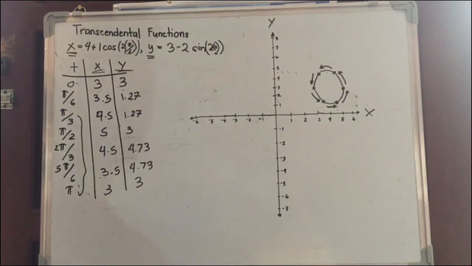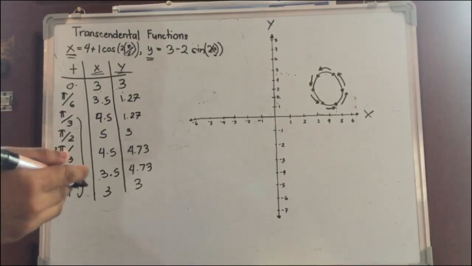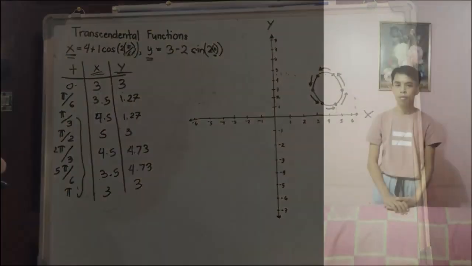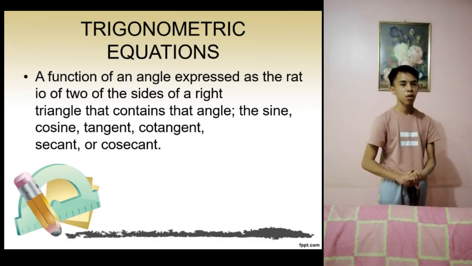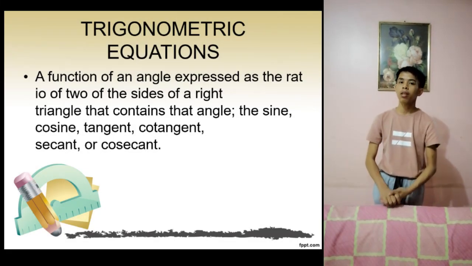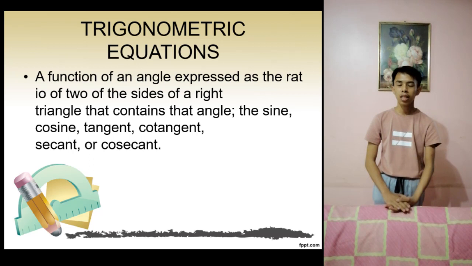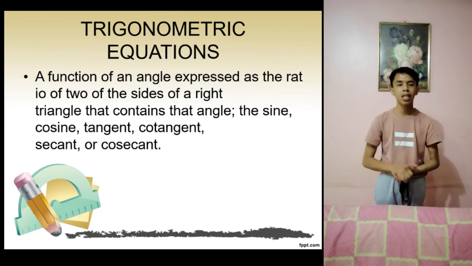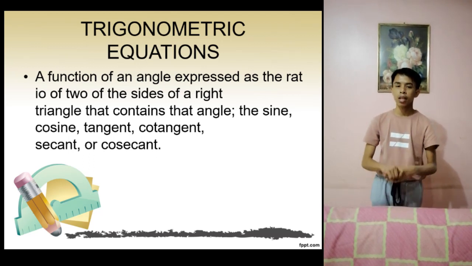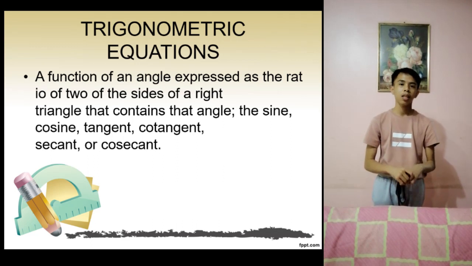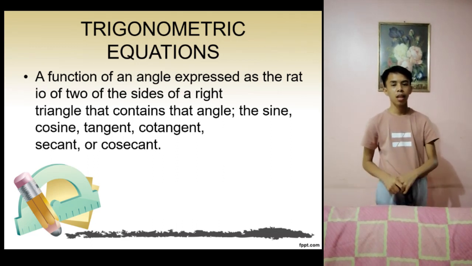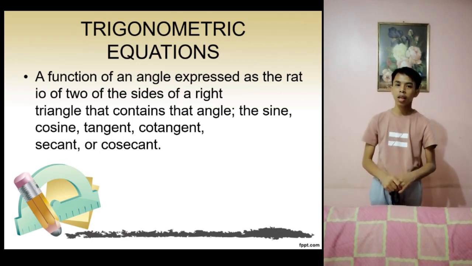So it is an example of transcendental functions. Trigonometric equation: it is a function of an angle expressed as the ratio of two of the sides of a right triangle that contains the angle: sine, cosine, tangent, cotangent, secant, or cosecant.